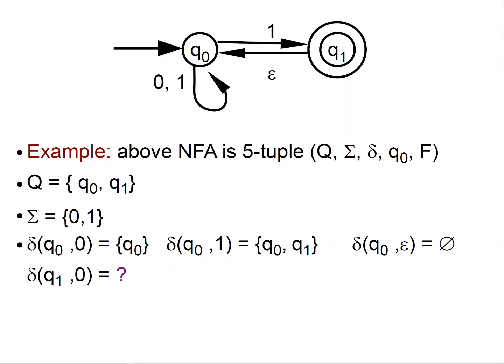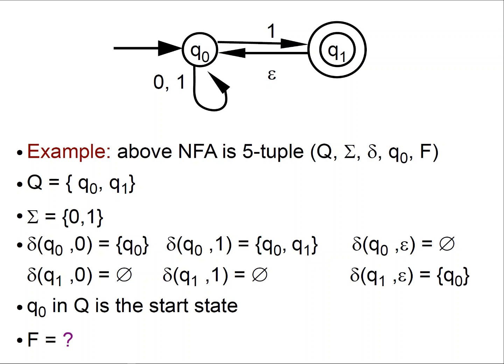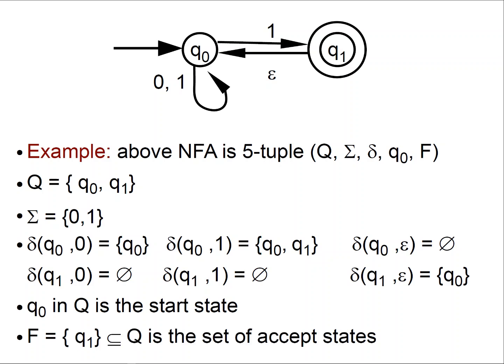Delta Q1, 0 is the empty set. Delta Q1, 1 is the empty set. Delta Q1, epsilon is a set containing Q0. Q0 in Q is the start state, and the set of accept states is just Q1. Note that even if there's only one choice, we still define delta to compute subsets. So even if it's just one state, we think of it as a singleton set.